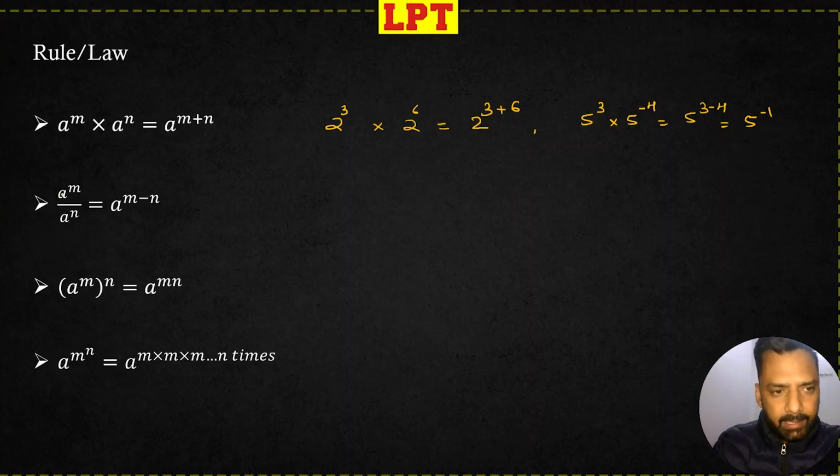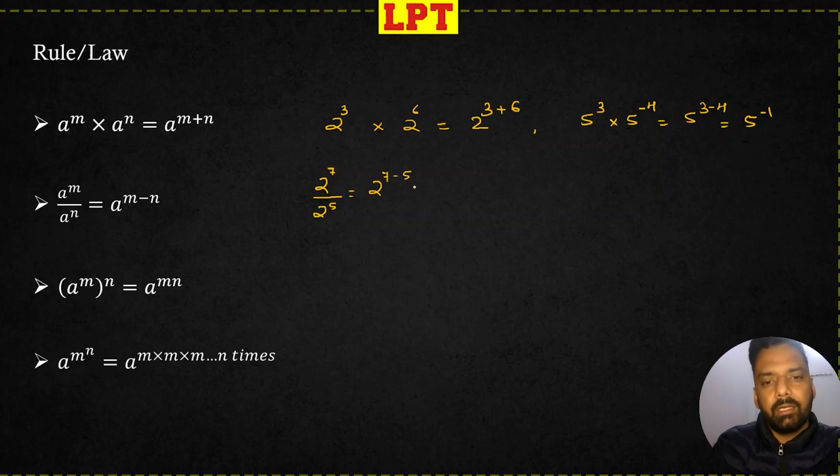The second law is that if my base is same, and the exponents, the indices, are in division, we can simply write it as a to the power m minus n, right? If my base is same, for example 2 to the power 7 over 2 to the power 5, I can simply write it as 2 to the power 7 minus 5, so it is equivalent to 2 to the power 2, right?